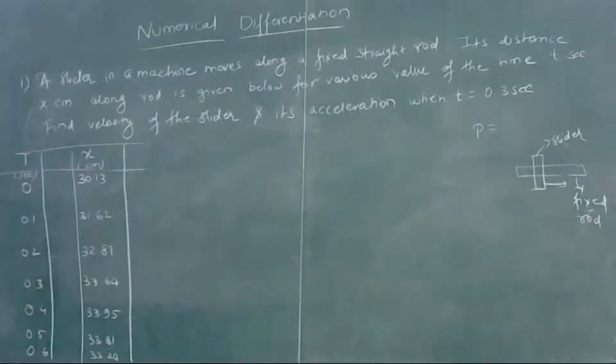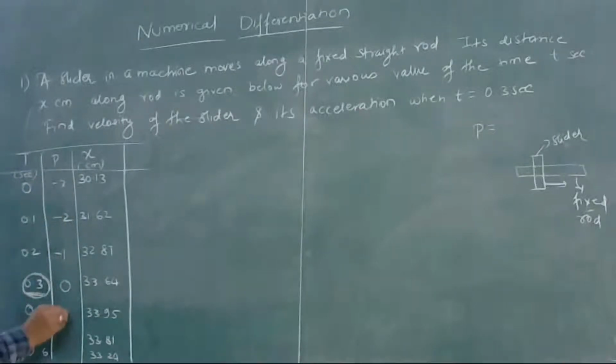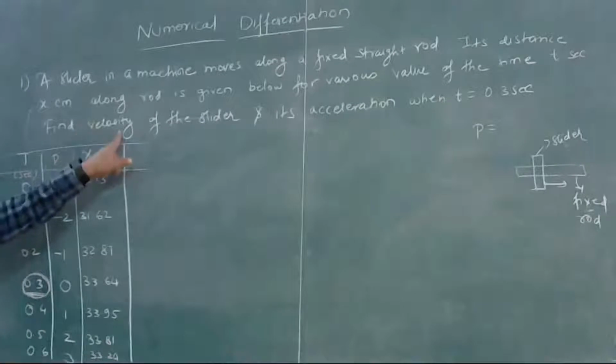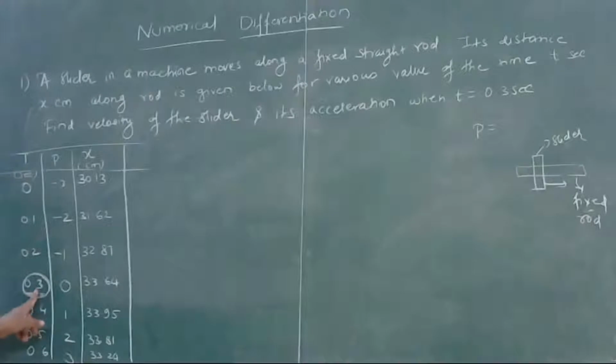Okay, so here this value t is equal to 0.3 second. So this will be our t. Okay, so here corresponding value of p will be 0. This will be minus 1, this is minus 2, and this is minus 1. This will be 1, 2, and 3. Okay, so we have to find the value of velocity, that is dx by dt, at middle of the table, that is at t is equal to 0.3 second.